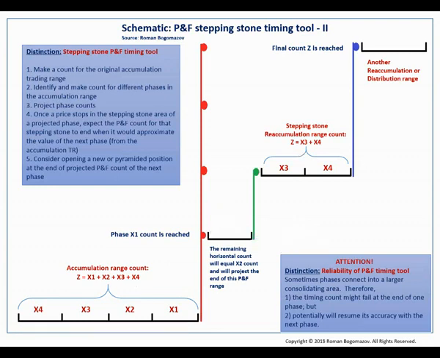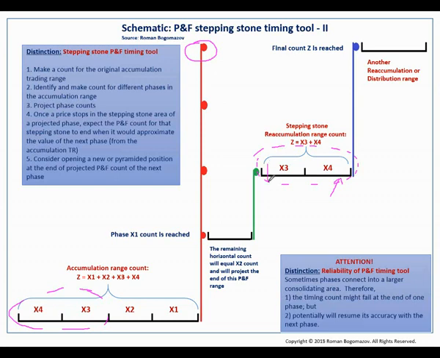But whenever we have a scenario where we have, let's say, enough cause right here, in this case for the last two phases before the final objective is reached, and we are coming close to the end right here, we know already the final count.